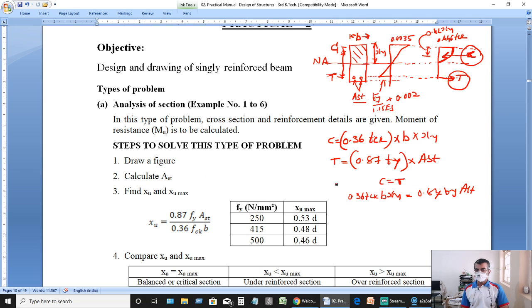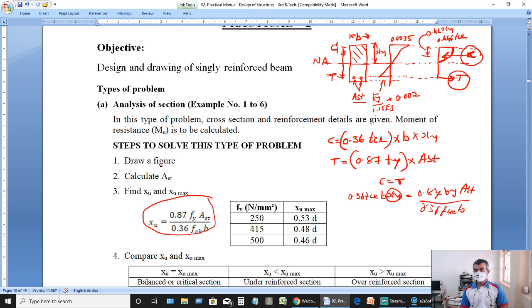If you take out XU, then XU will be 0.87 Fy AST divided by 0.36 FCK into B. This is the equation given in the annexure.